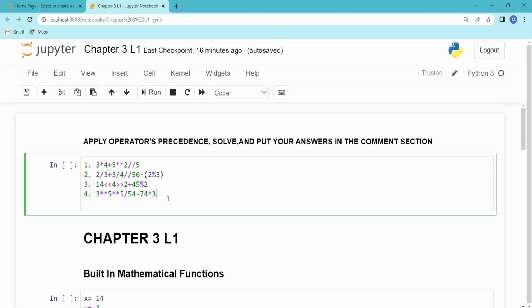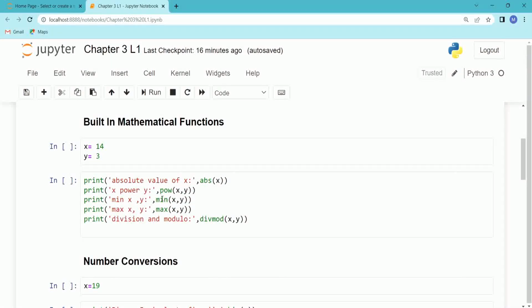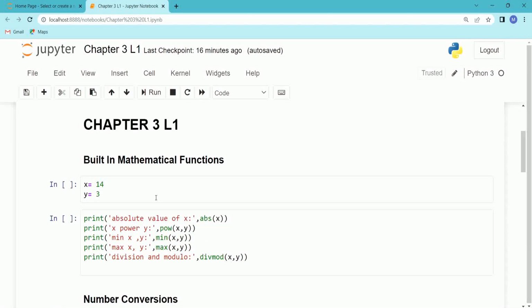Okay, so now let us begin with chapter 3. Here in this video, I am going to discuss built-in mathematical functions. For that, let me take two variables, x holding value 14, y is 3.